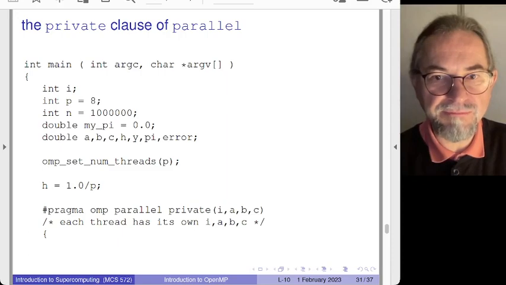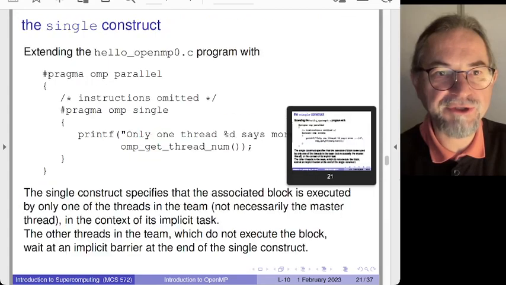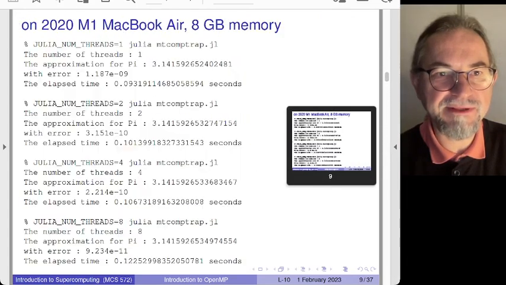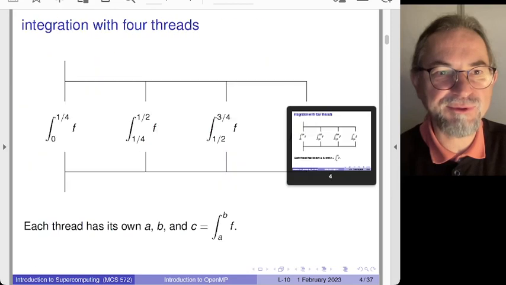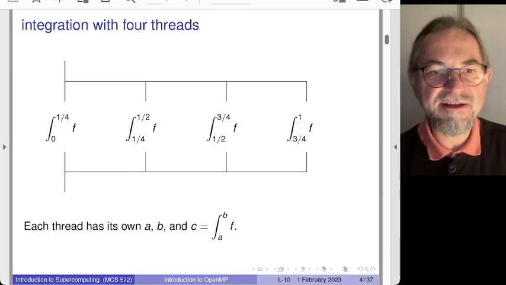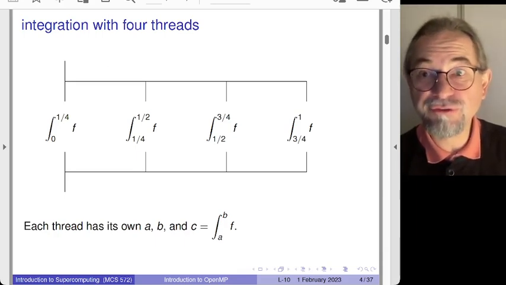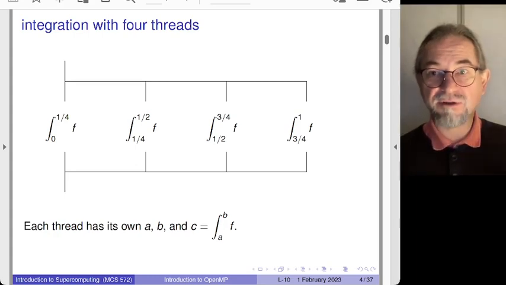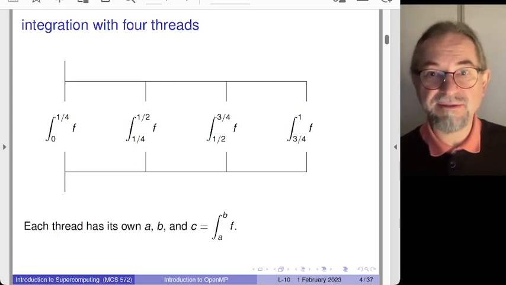So let me flip to the picture again. I reorganized my slides a little bit, so let me go back to the beginning. So here, this picture, the ABC, these are actually the 3 variables that are local to each thread.